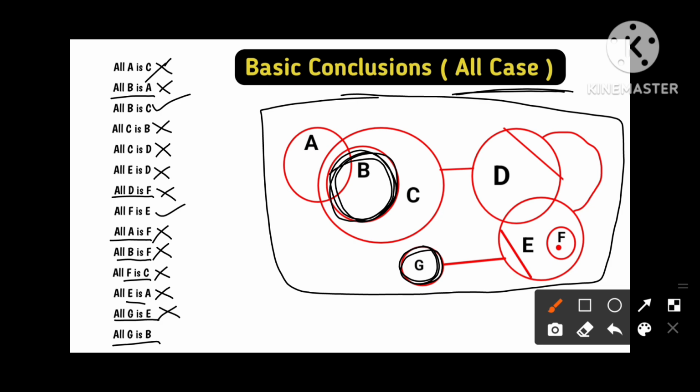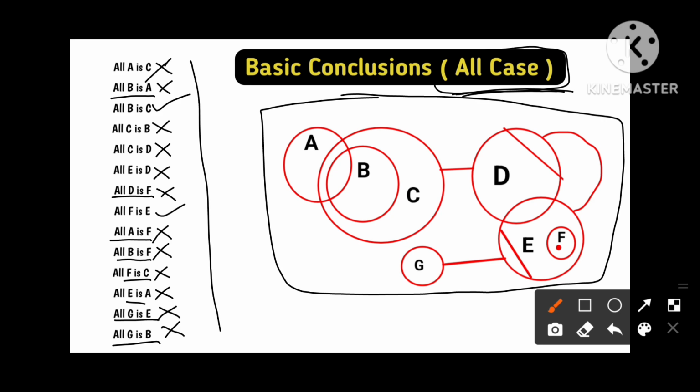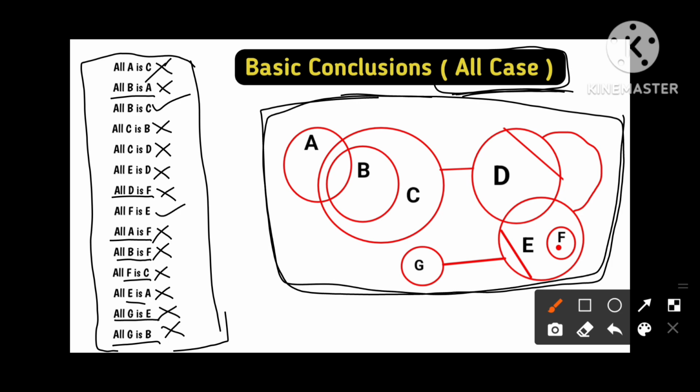So this conclusion is also false. So for the basic conclusions of all and some, we just need to check the direct meaning of the conclusions in the basic statement Venn diagram, without any possibilities. We need to see the actual meaning of the conclusions in the basic statement Venn diagrams.